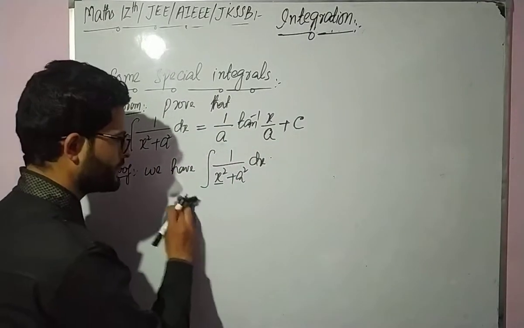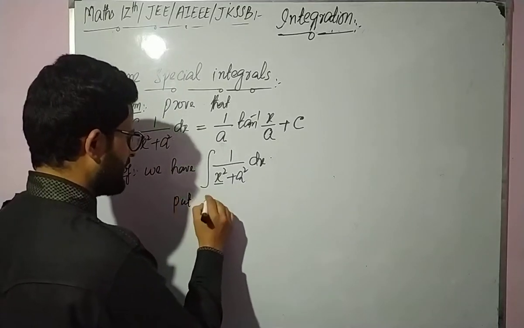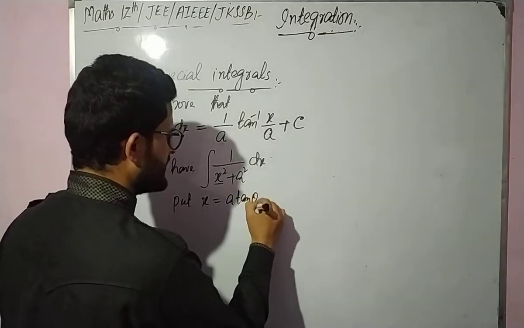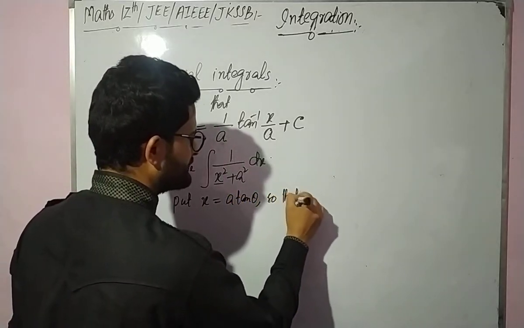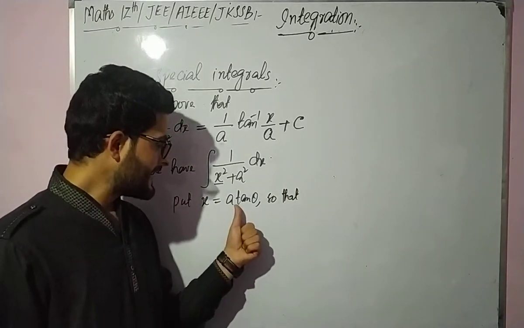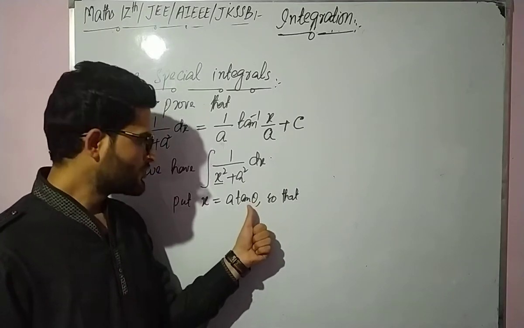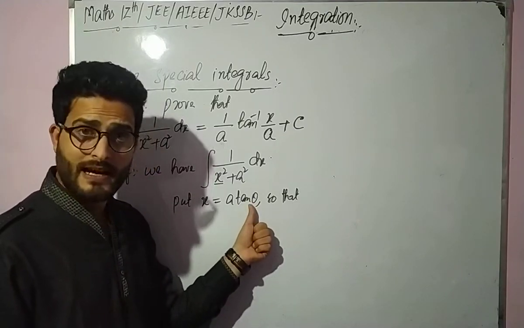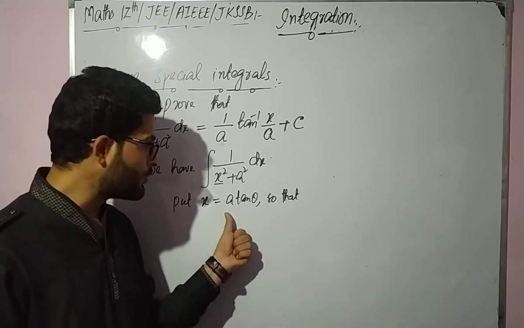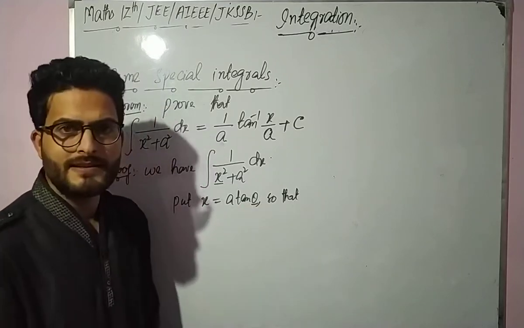So here we are going to proceed like this. Put x is equal to a tan theta, so that, since the variable here is theta, we are going to differentiate this equation both sides with respect to theta.